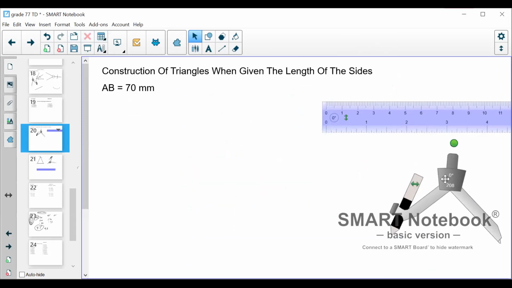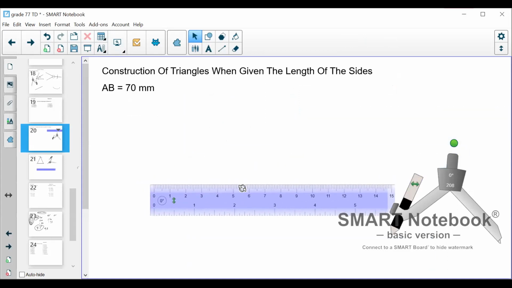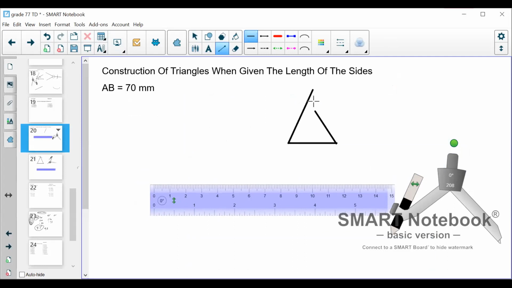Now, please note the triangle has 3 sides. So most of the time you will be given the length for all 3 sides. For example, if I'm to draw this triangle here, you will be given the length for all 3 sides.